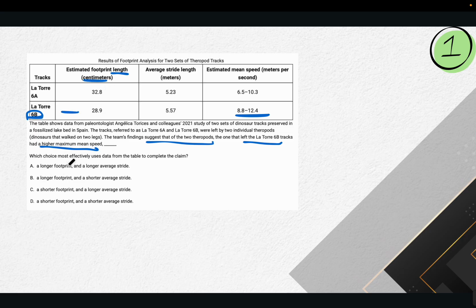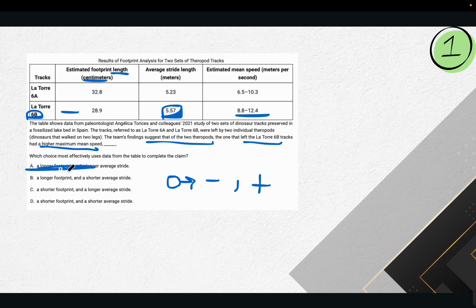28.9 is shorter, the length of the footprint is shorter than 6A, so we put shorter. So the first part is about the footprint, and the other one is the average, right? So the first part of the option that we're going to be choosing should be negative, and then the second part should be positive because the length in meters is higher than the second one. So negative and positive. This is not positive, it's negative.